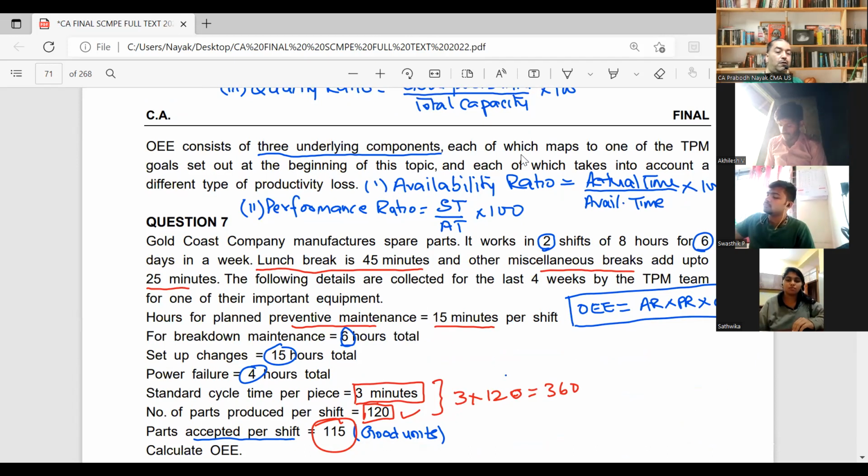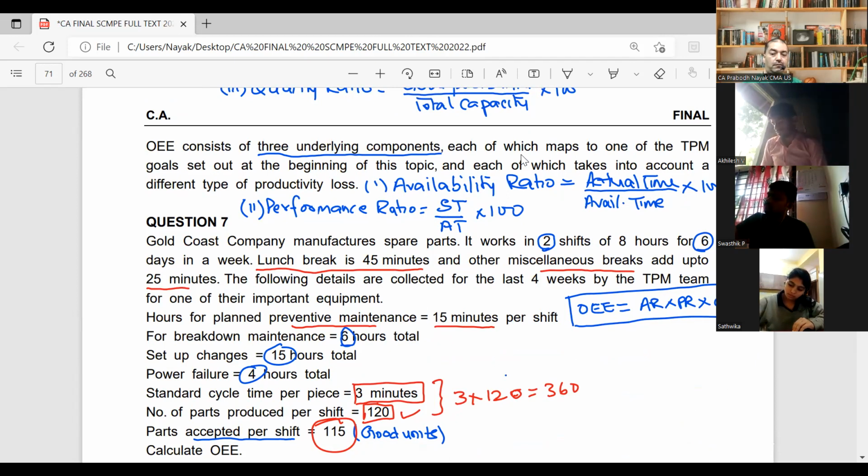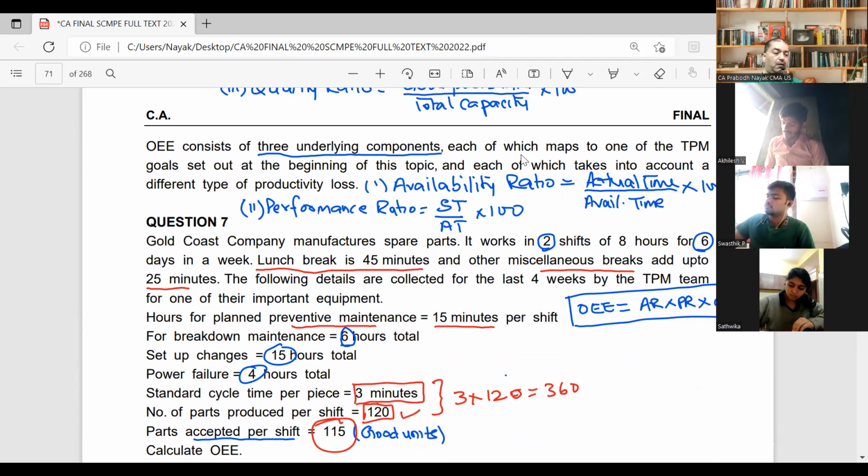The company should undertake autonomous maintenance, preventive maintenance, and reduction in setup time.